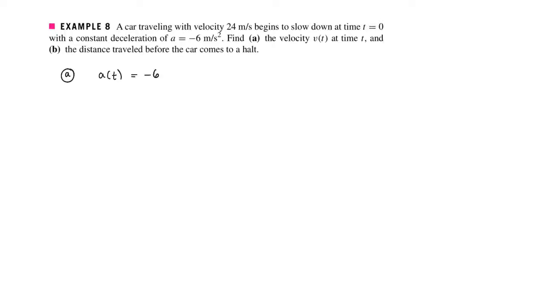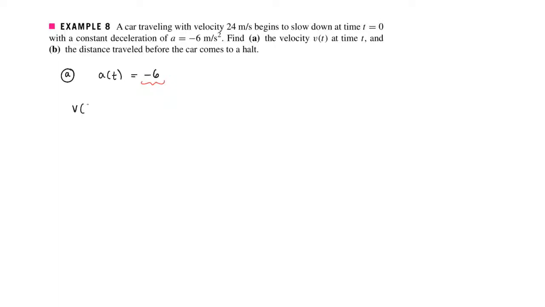So if I have the acceleration and I want to find the antiderivative of -6, in fact, the general antiderivative, then in order to get velocity, what I have to do is find the function so that when I differentiate, I get -6. This is again thinking backwards.